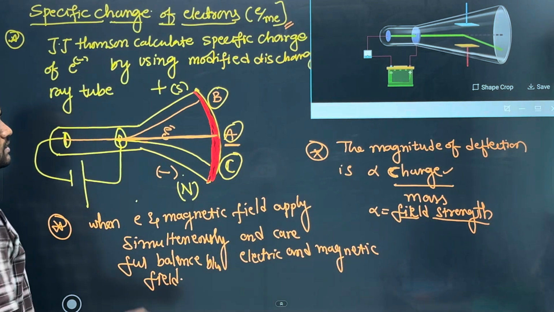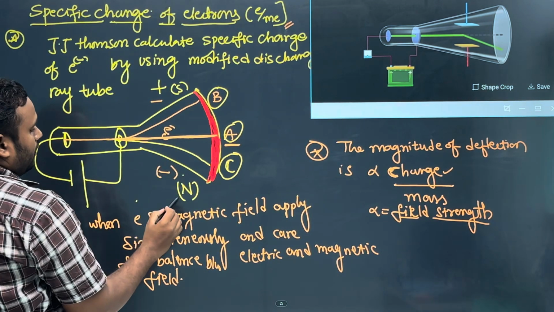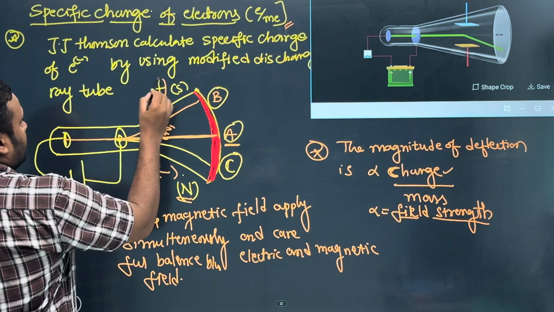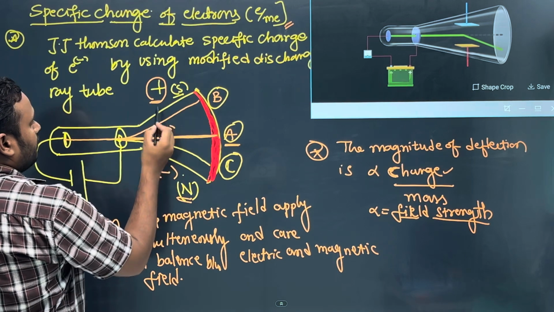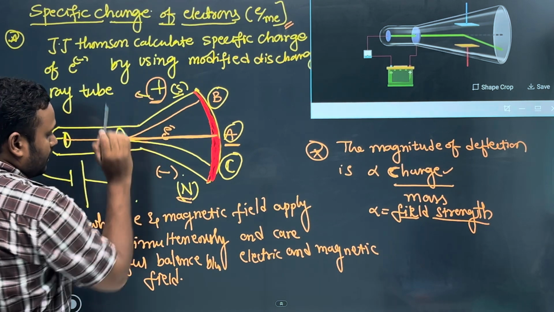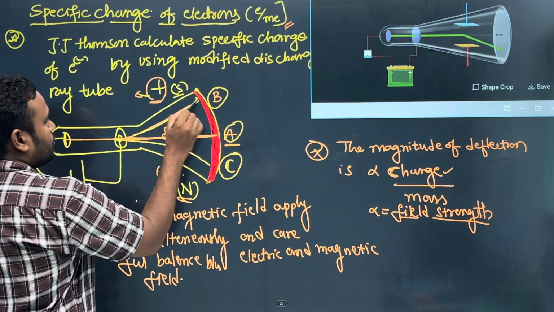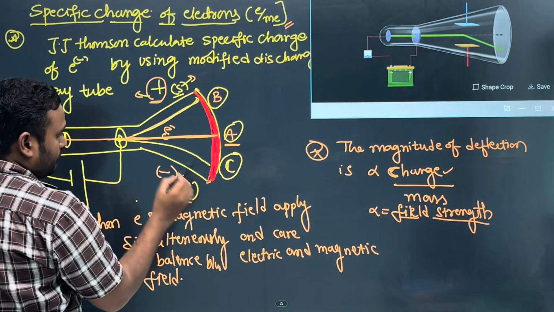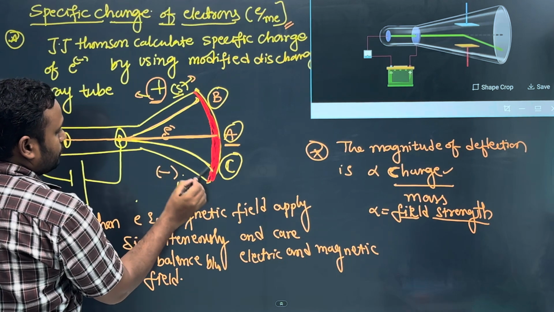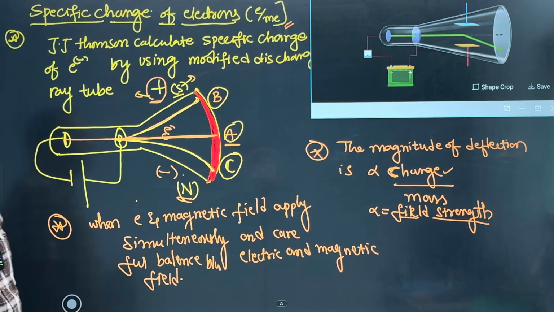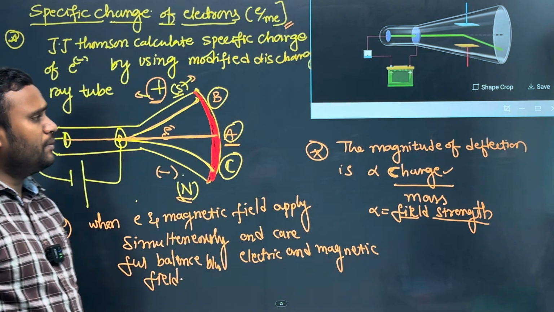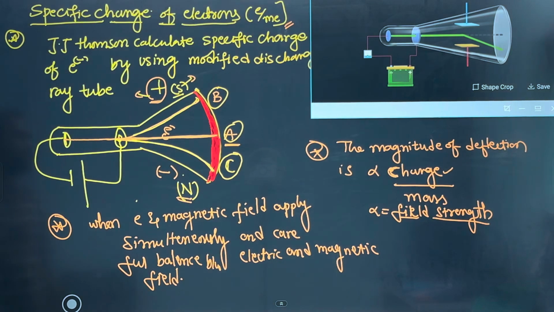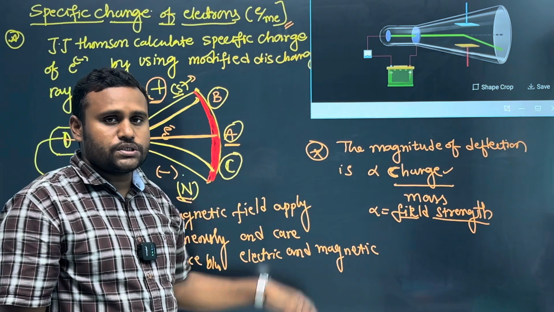Field strength in the sense of magnetic field and electric field. If you increase the strength of the electric field, the deflection is going to increase. If you increase the strength of the magnetic field, the deflection is also going to increase. These are the phenomena he observed in this discharge tube.